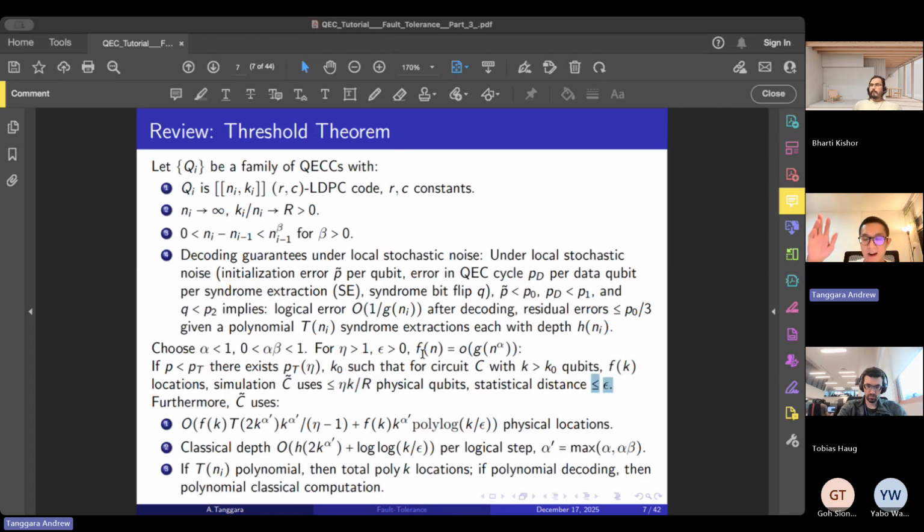So the output distribution is close to C. I'm going to go through the overheads later on.